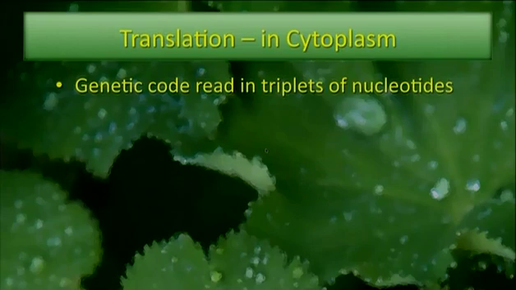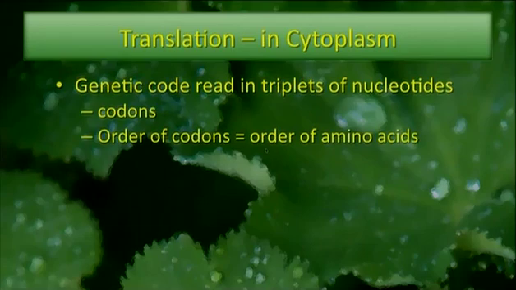Now the genetic code is read in triplets of nucleotides on the mRNA transcript, and these triplets of nucleotides are called codons. So the order of codons is equivalent to the order of amino acids.